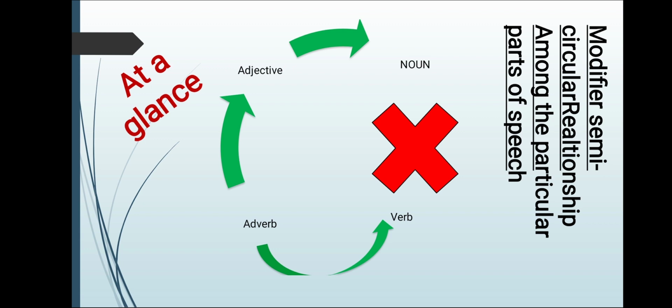Modifier semicircular relationship among the particular parts of speech, I made for you. Adjective is helping to modify noun, but adverb is the most powerful modifier here. Adverb is modifying adjective, and modifying verb also.